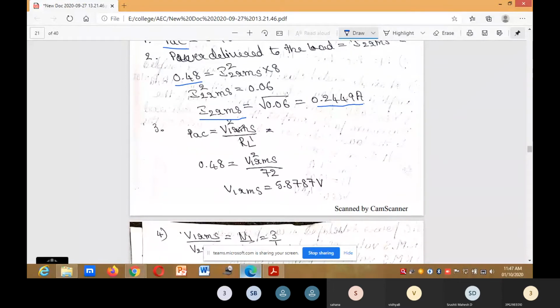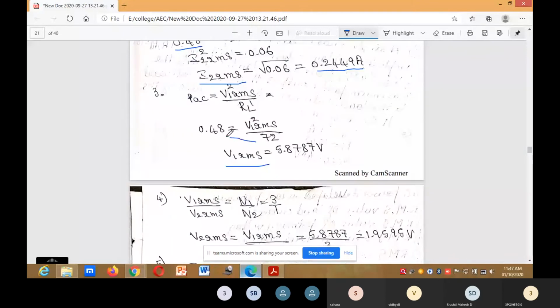PAC is equal to V1 squared RMS divided by RL dash, so 0.48 is equal to V1 squared RMS divided by 72. Substitute and get the V1 RMS value. First multiply these two things, and after getting the answer, take the square root of that.